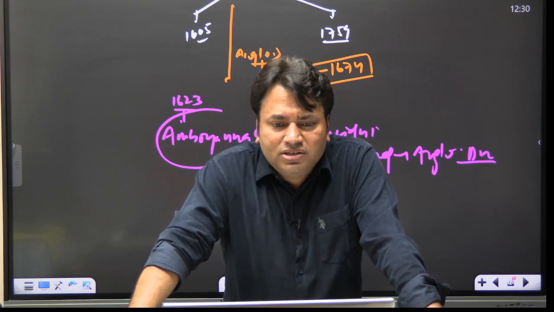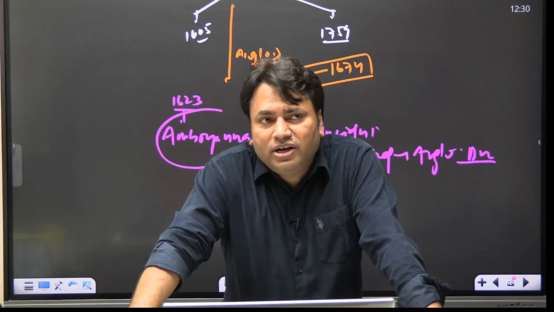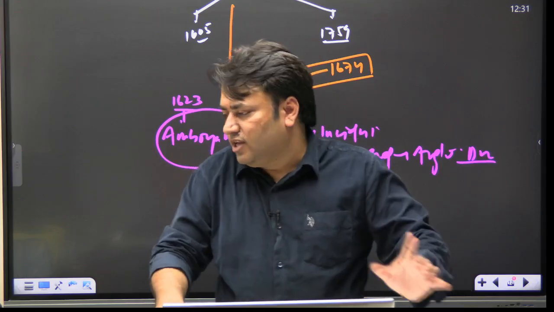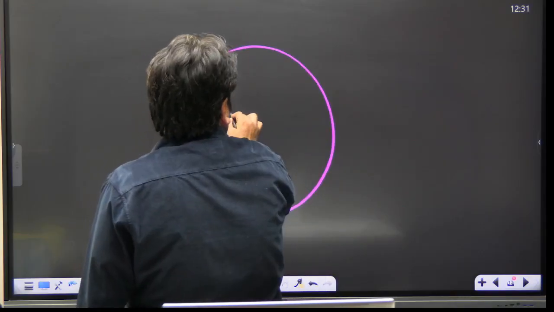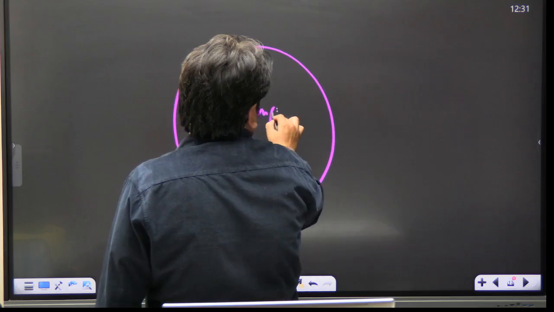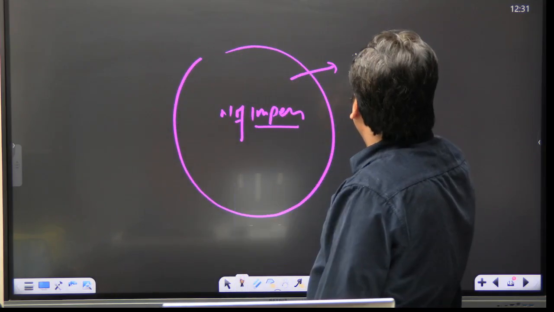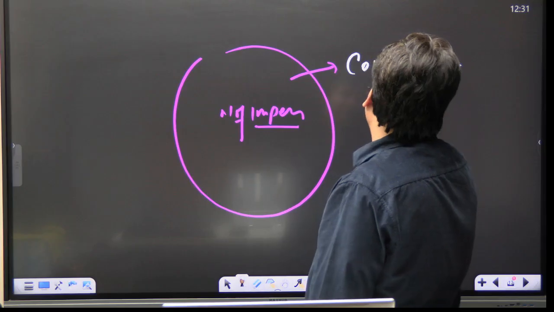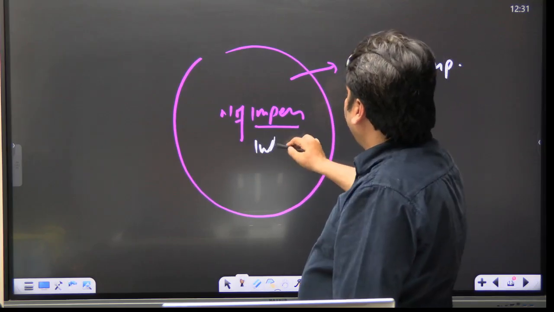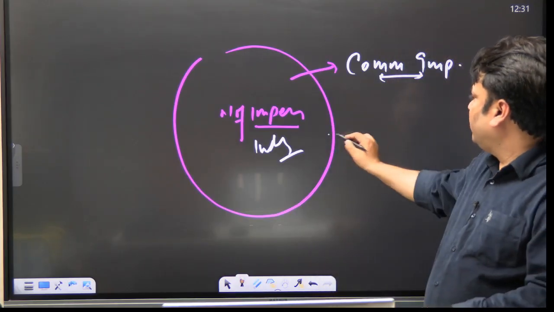Now, what is the essence? Essence is that whenever we talk about the nature of imperialism of Dutch, it was a kind of commercial imperialism. Here when we talk in context with India, it was largely commercial, not territorial.